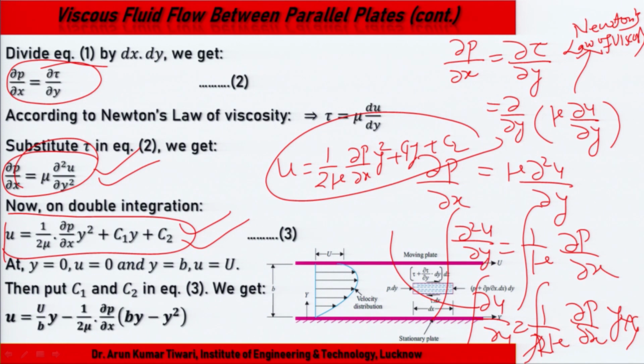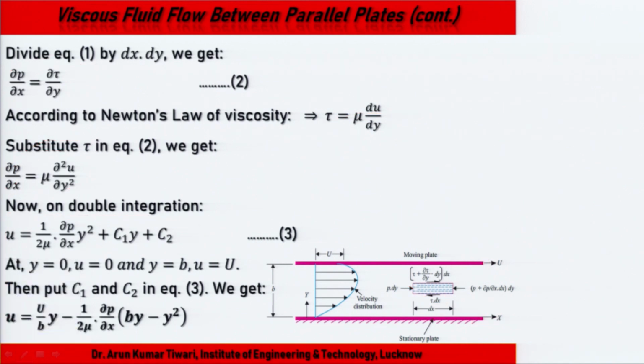So, what is the nature? The nature is again parabolic. So, boundary conditions: at y equal to 0, velocity is 0, because this is at rest.